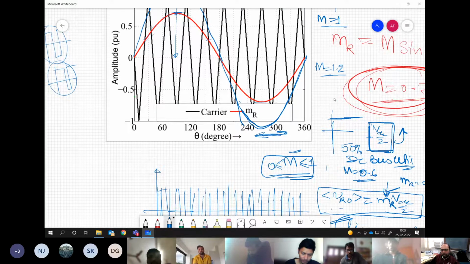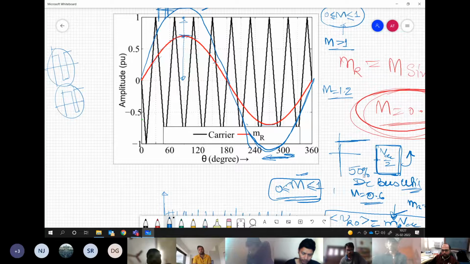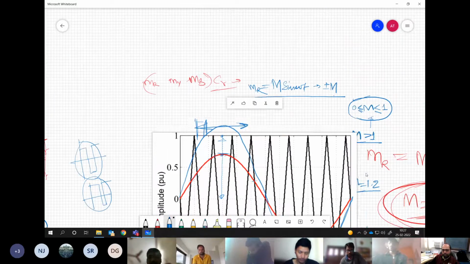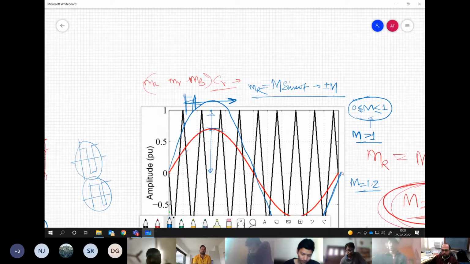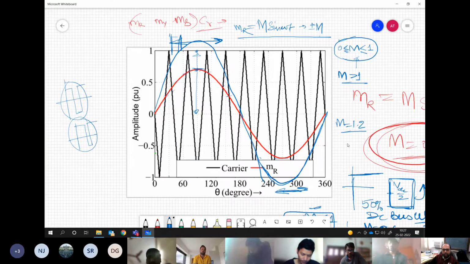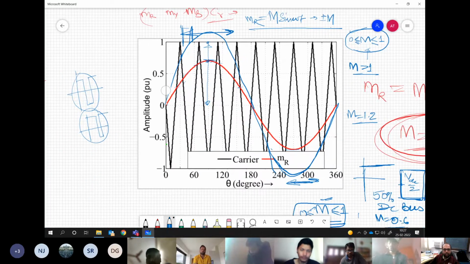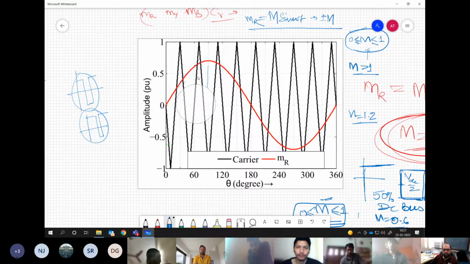So if you see, the problem is when this peak has touched the boundary, the modulating signal peak has touched the boundary. That is the whole problem, nothing else, right? So this peak is going and touching here.